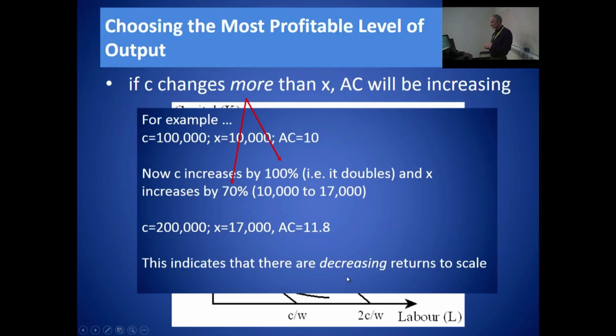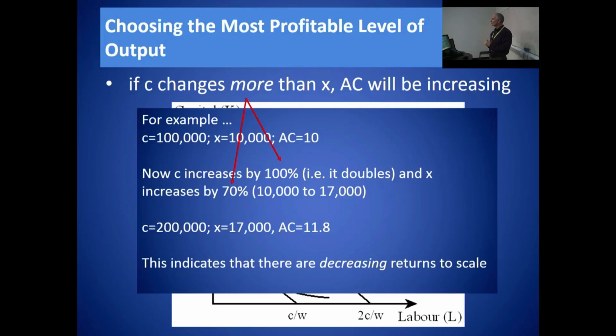So decreasing returns to scale means that average cost will increase. Our long run average cost curve will be increasing. So you can see, long run average cost depends upon returns to scale. Increasing returns to scale, average cost is falling. Decreasing returns to scale, average cost is increasing.